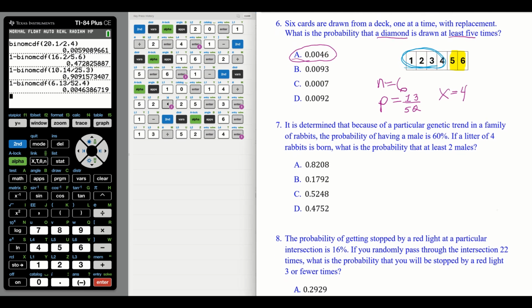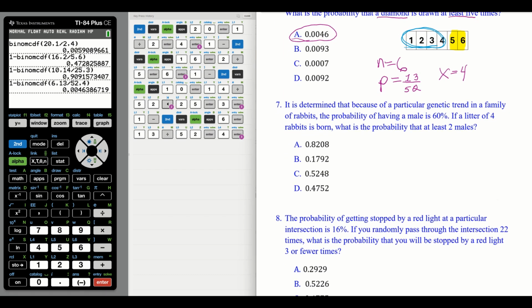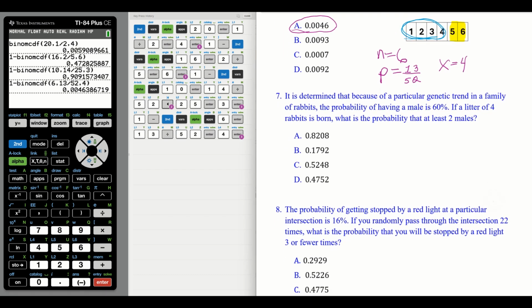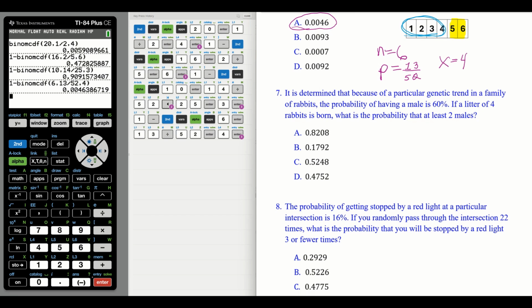Okay, now with these, I didn't put in the visual. Let's see if we can do it without it. Number 7, it is determined that because of a particular genetic trend in a family of rabbits, the probability of having a male is 60%. If a litter of 4 rabbits is born, what is the probability that at least 2 males are born?